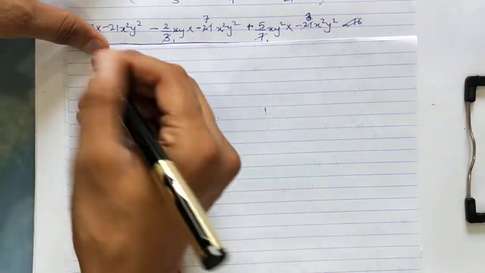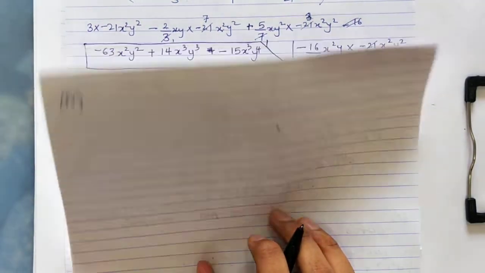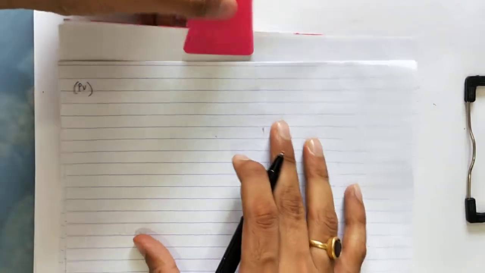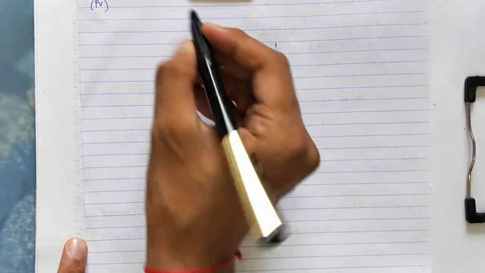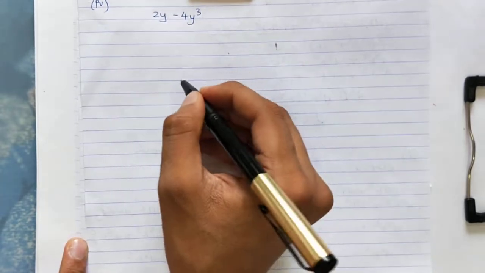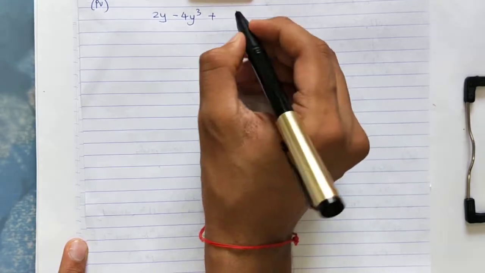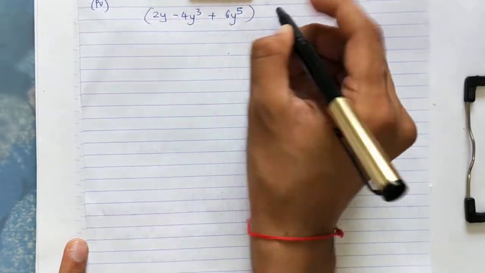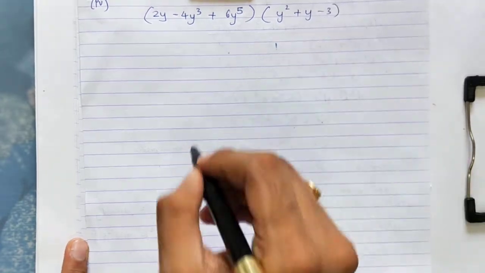Now the fourth one. In the fourth one we have 2y minus 4y cube plus 6y5, and we have to multiply this with y square plus y minus 3.